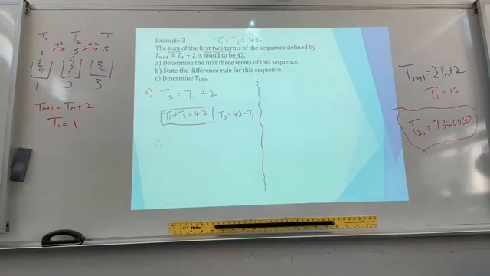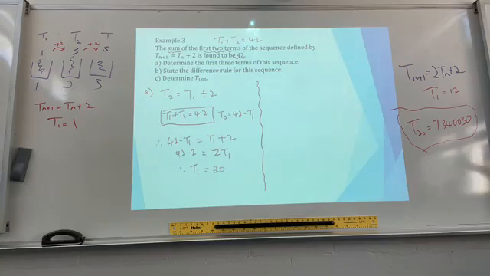So T2 is 42 minus T1, which equals T1 plus 2. So therefore, 42 minus 2 equals 2T1. So therefore, T1 equals 40 divided by 2, which is 20.